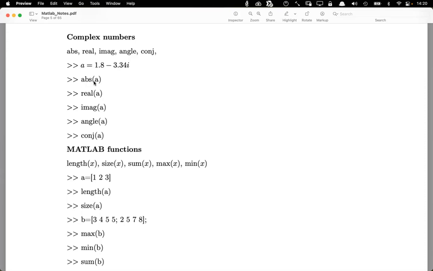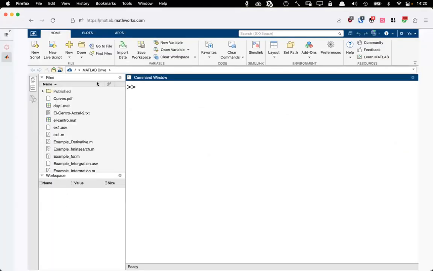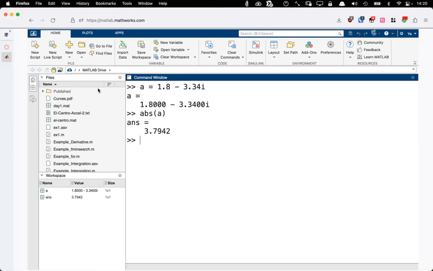Then abs. So let's do this in MATLAB. A equals 1.8 minus 3.34i. abs of A, where A is a complex number, will get the length of this complex number.